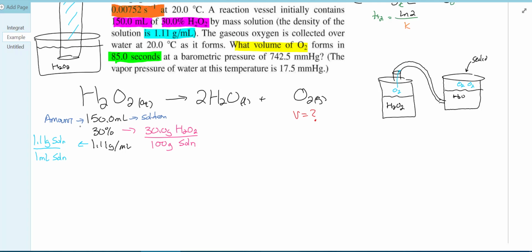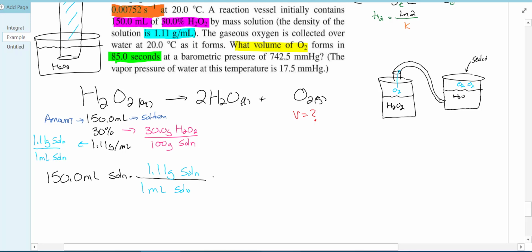I can probably get how many moles of hydrogen peroxide. So let's try it. If I take 150 milliliters of solution, we know every 1 milliliter of solution is 1.11 grams of solution. And then for every 100 grams of solution, I have 30 grams of H2O2.